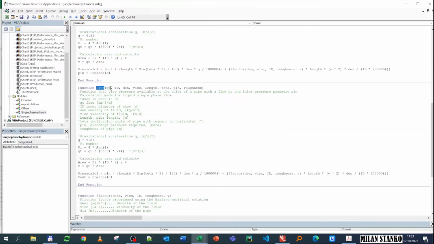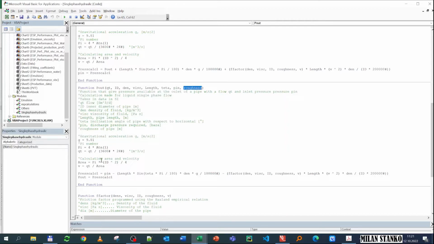P out requires the Q in standard condition. This is in local, so I should use here the local rate. It also needs the diameter of the pipe, density and viscosity, the length, the inclination angle, the inlet pressure and the roughness of the pipe.